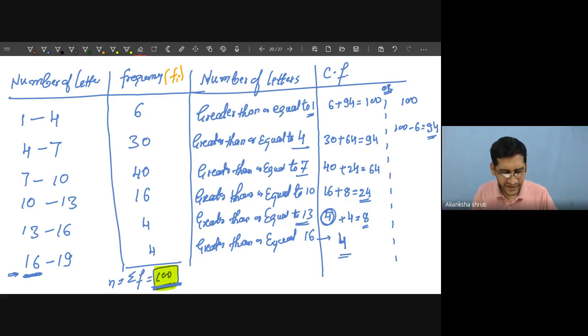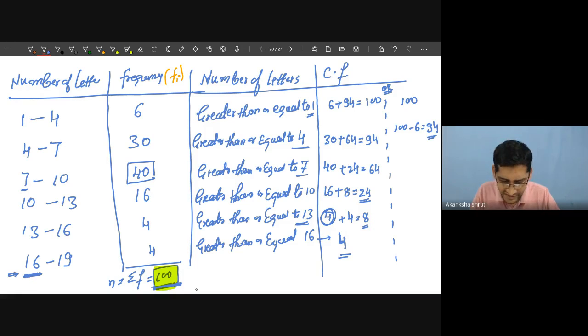Okay, student? Similarly, let us go for greater than 7. Students, for greater than 7, what do we need to take? Out of 100 you need to subtract this 30 as well as this 6, so that you reach the 40.